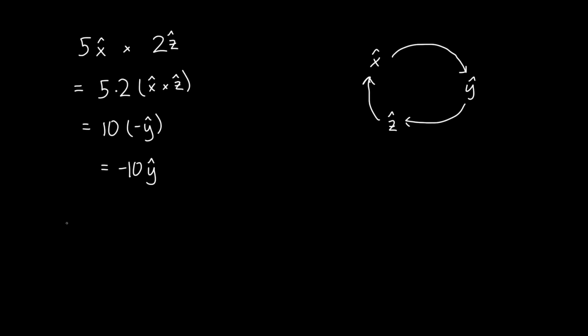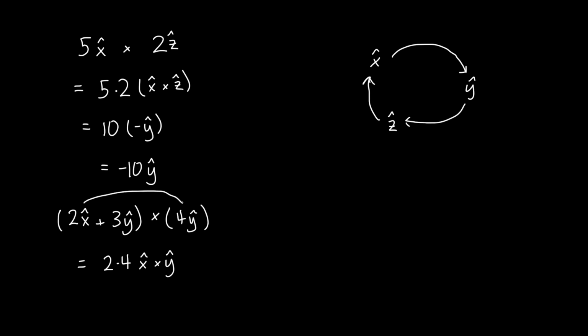Now, what if you have multiple components? So let's say we have 2x hat plus 3y hat, and we want to cross that with, I don't know, let's say 4y hat. Well, you can multiply these out distributively, just like you could if these were just regular numbers. So this is just equal to 2 times 4, and then x hat cross y hat. So that's the first term being multiplied out.